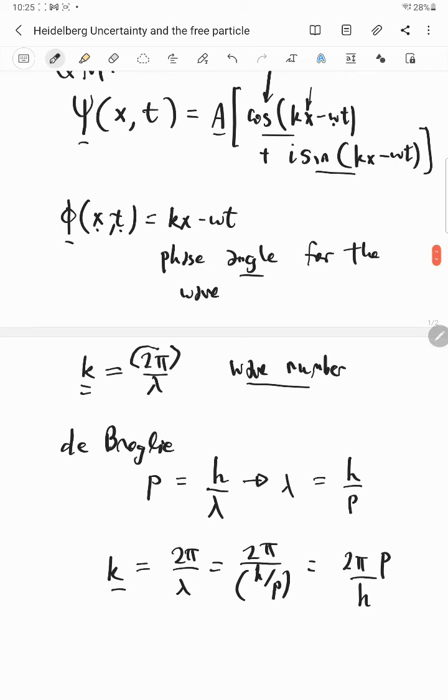So the wave number is proportional to the momentum. It's actually a little bit telling to solve for p at this point. So p, if I solve for p right here, multiply the h over, divide by the 2 pi.